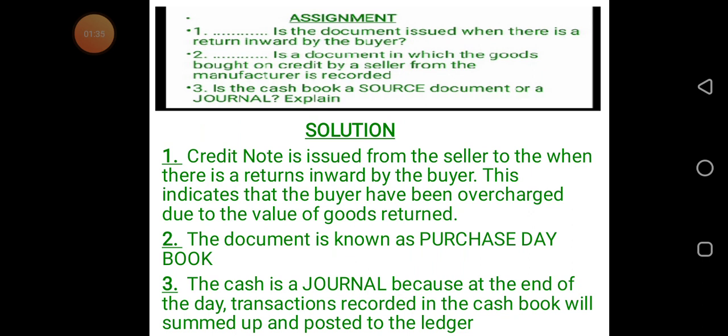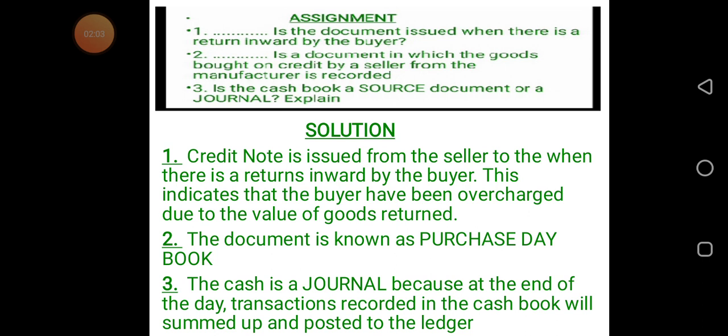Mind you, credit notes are issued when somebody is overcharged due to calculation errors. Since the buyer is returning goods, the value of those goods will be debited in the account of the seller. Therefore, the seller has to issue a credit note showing that he is owing the buyer.